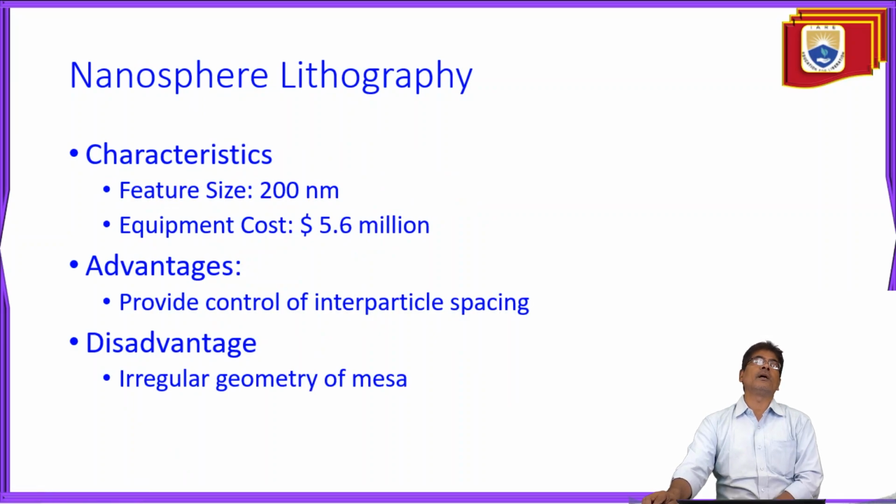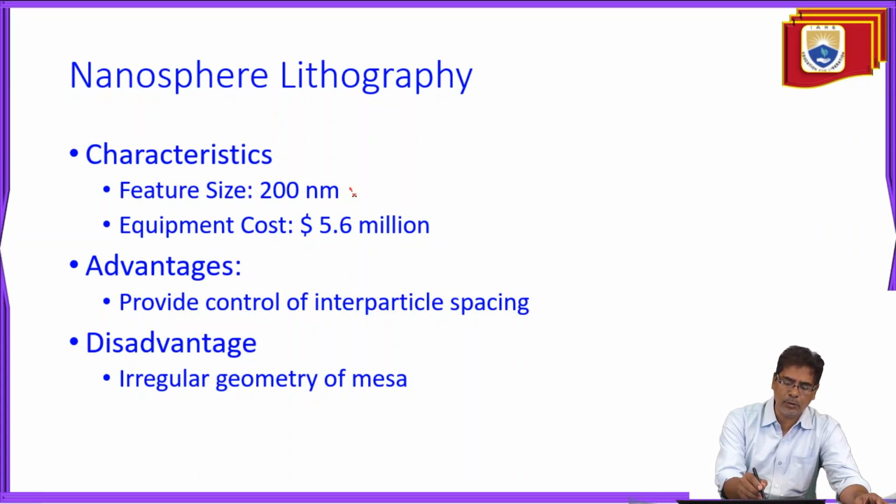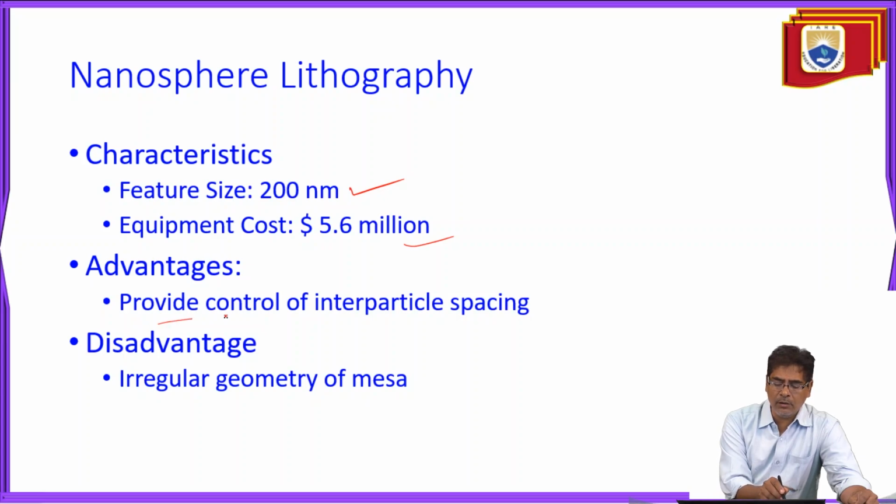And we have one more writing technique, called nanosphere lithography. The feature size is around 200 nanometers, and equipment cost is around $5.6 million. The advantage is that it provides control of interparticle spacing.